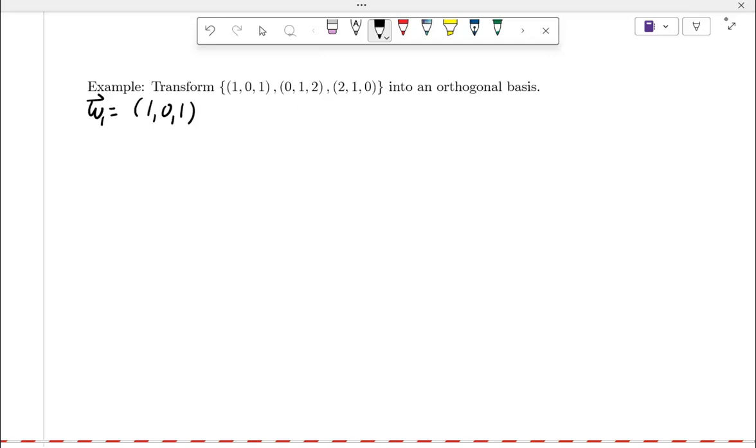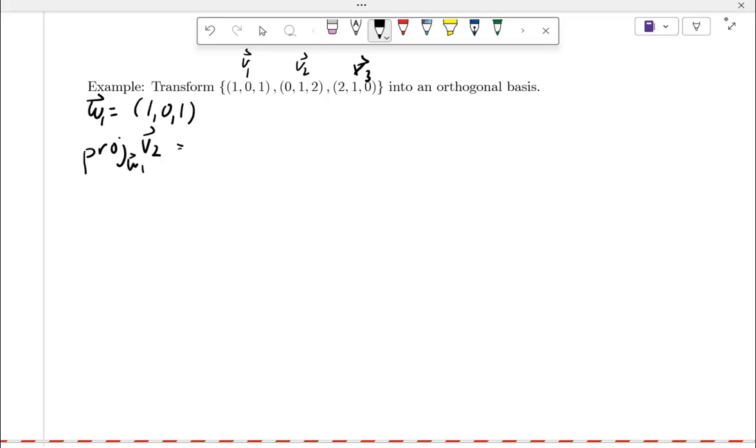That's step 1, okay? The next thing we want to do, again, let me just label these as V1, V2, and V3 so we can refer to them. So let's do the projection of V2 onto W1.